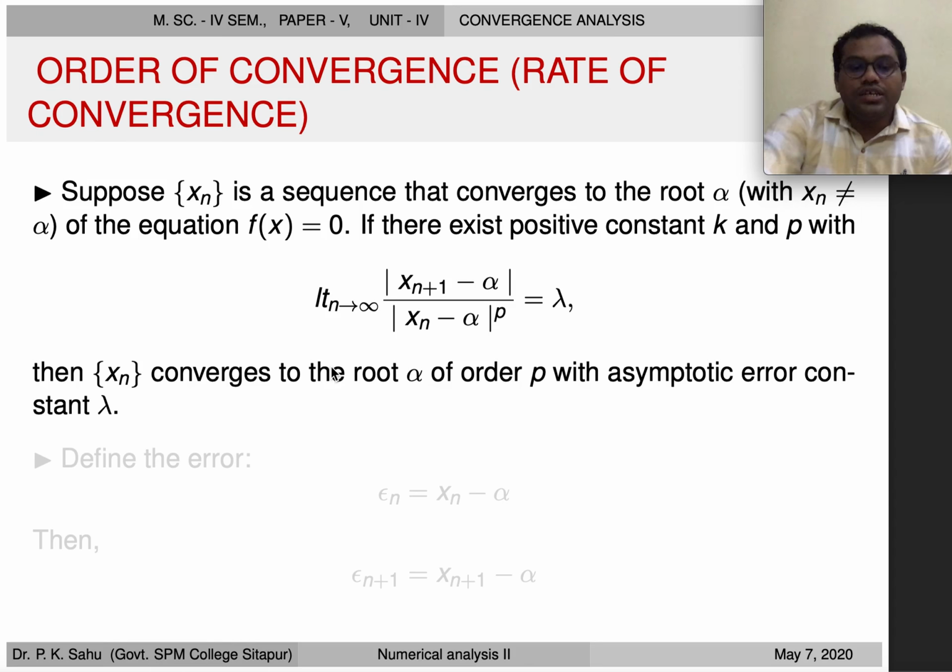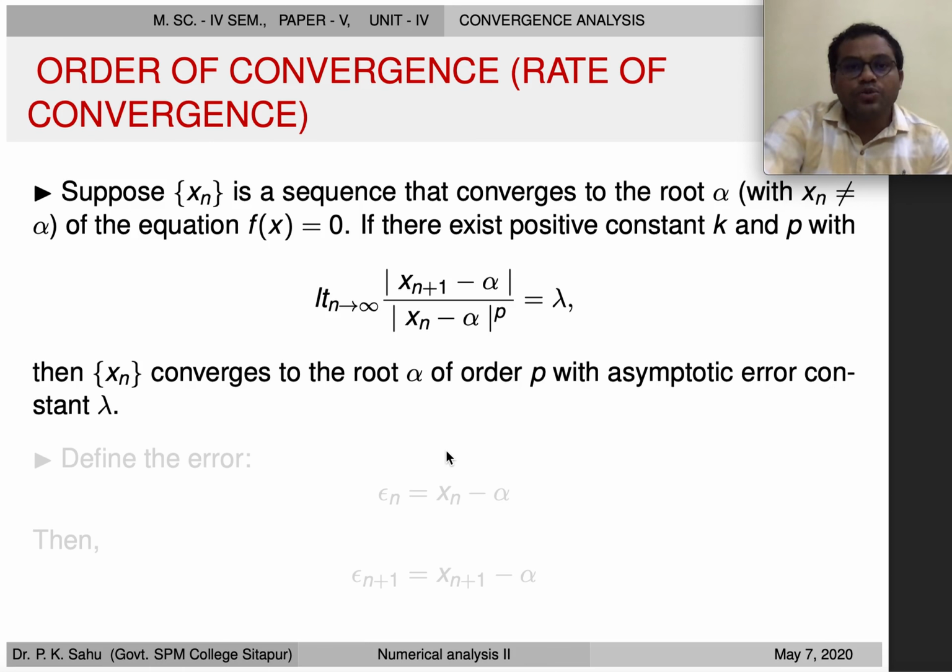And here we want to determine the absolute difference between the (n+1)th approximation and alpha, relative to the pth power of the absolute difference between the nth approximation and the exact root alpha. If it is equal to a constant lambda, then we say that the given numerical method has order of convergence p, and this constant lambda is known as the asymptotic error constant.